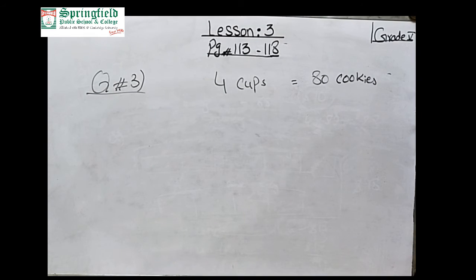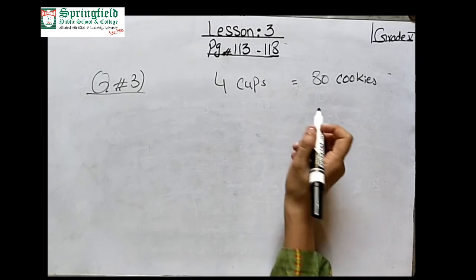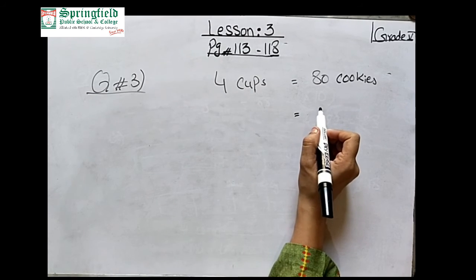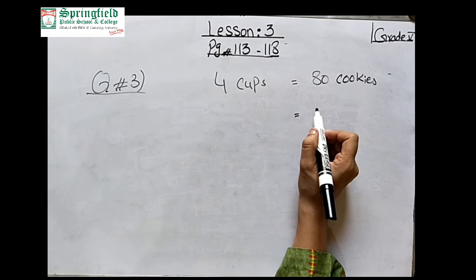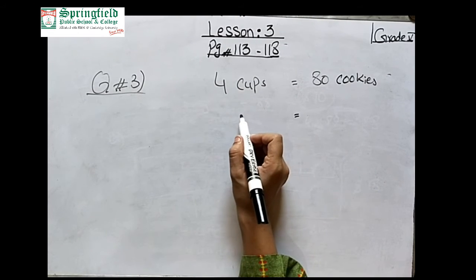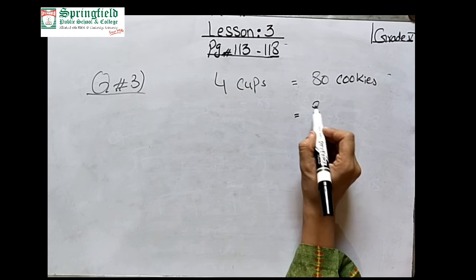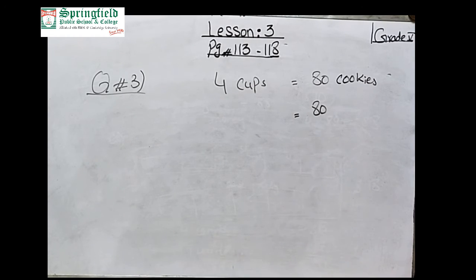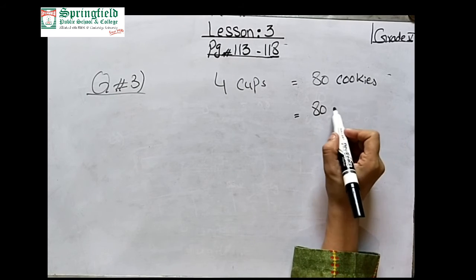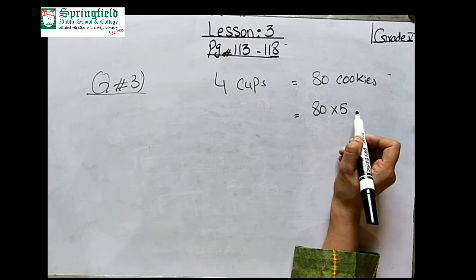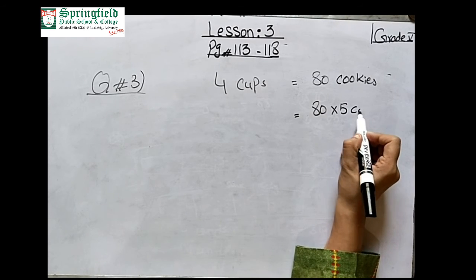Look at what they are asking: how many cups of peanut butter does she need? Millie wants to make 400 cookies. So how can we do it? 80 multiplied by which number will become 400? When we multiply by 5, it becomes 400.